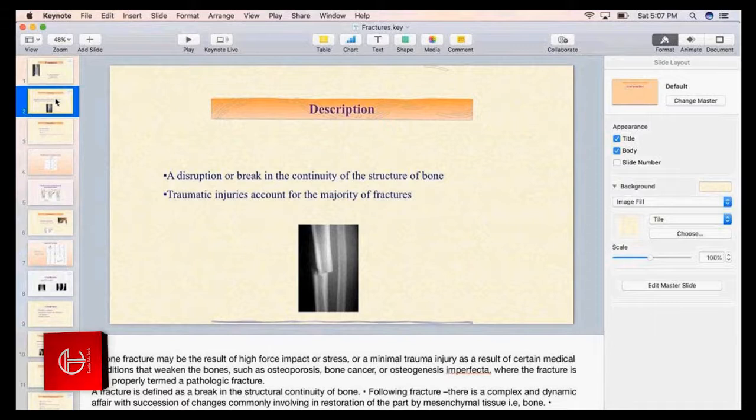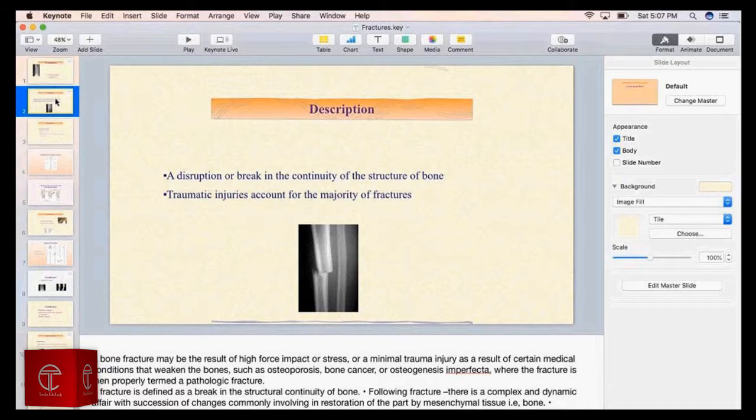As you can see in the X-ray, when you closely observe the cortex of the bone at the middle of that bone, you can appreciate a fracture. There is a break. Sometimes the break may involve both cortices or all around the bone, or in some cases you can appreciate the fracture only on one cortex, what we call a unicortical fracture.